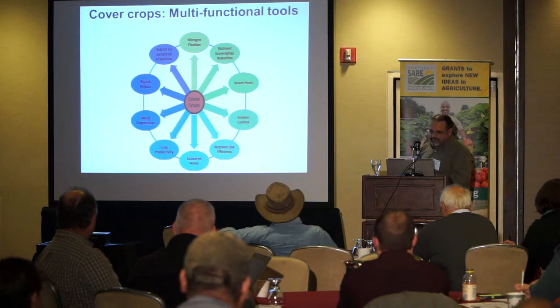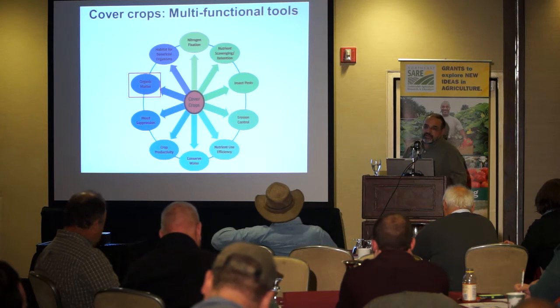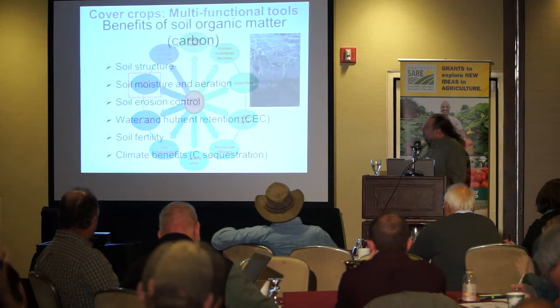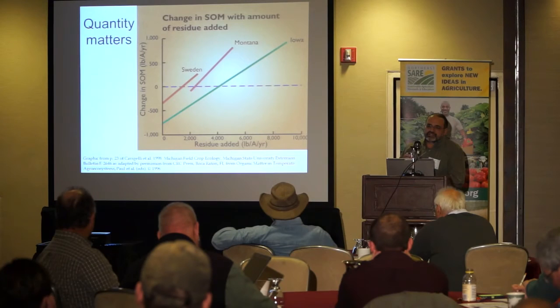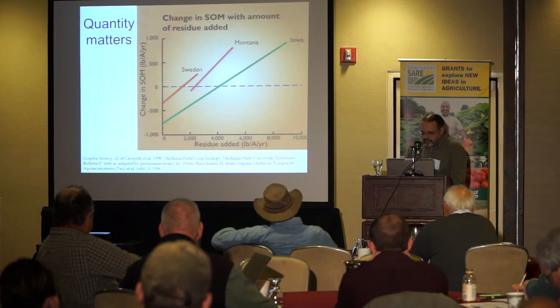In terms of other functions of cover crops, organic matter, of course, is really the centerpiece of soil health. I probably don't even need to go through this list, but you all know that soil organic matter has a lot of benefits. How do you increase soil organic matter? You just put more organic matter in the soil, right?